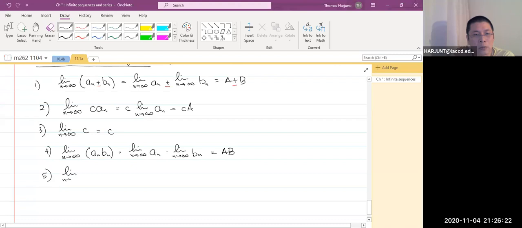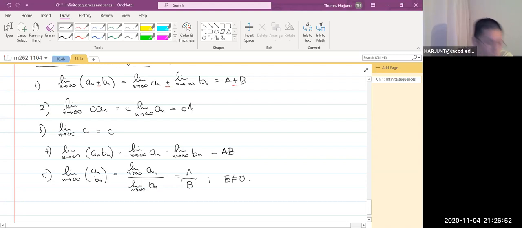The limit of a quotient of sequences equals the quotient of limits of the sequences. Of course, this equals A over B, given that B is not equal to 0. Otherwise it becomes undefined. The same way with exponent.